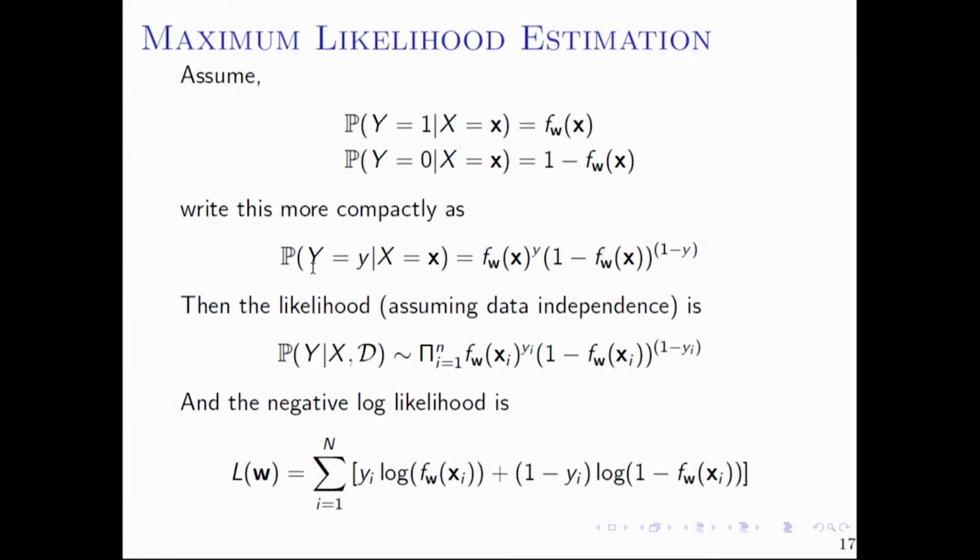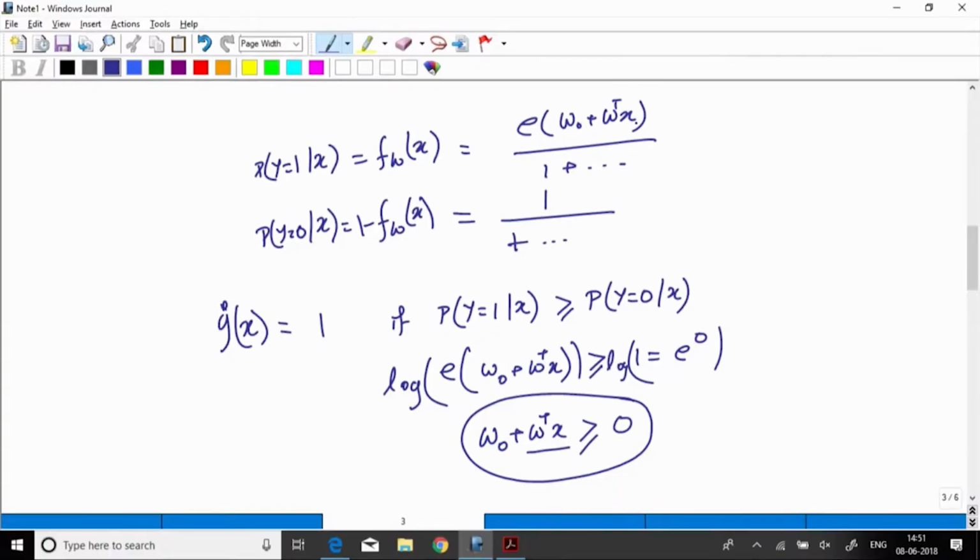When y is in the classes 0 and 1, the probability of y equal to 1 given x is equal to f(x). Maybe I should again go back here.